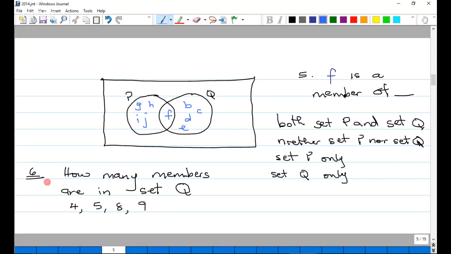Let's look at one for sets. So here we have set P and set Q. In set P, could you tell me all the members in set P, please?